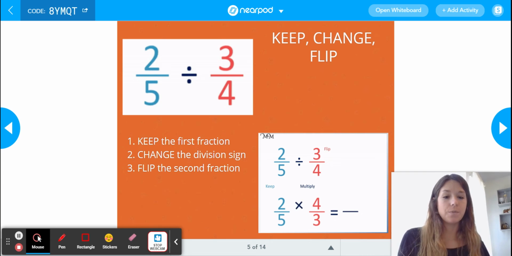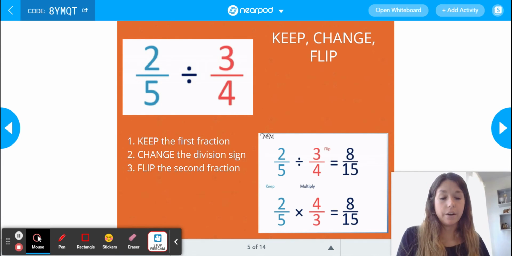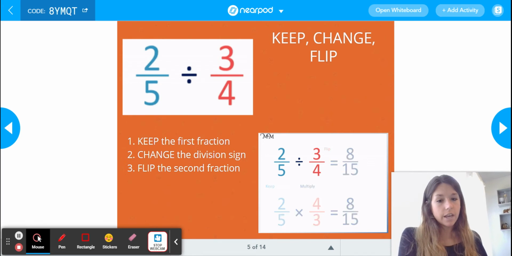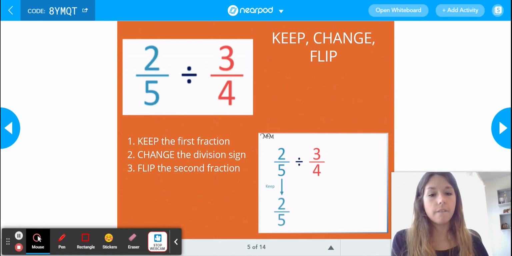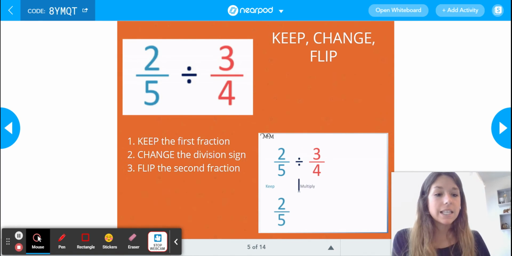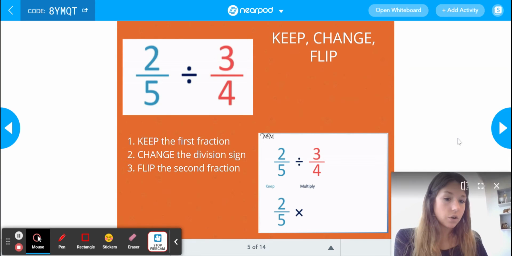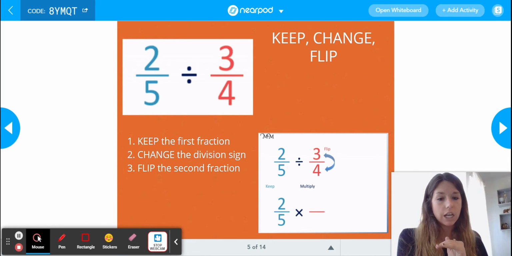So now you can see at the bottom of your screen, we have 2 times 4 is 8 and 5 times 3 is 15. Therefore, 2/5 divided by 3/4 gives us 8/15. And we know that using keep, change, flip.